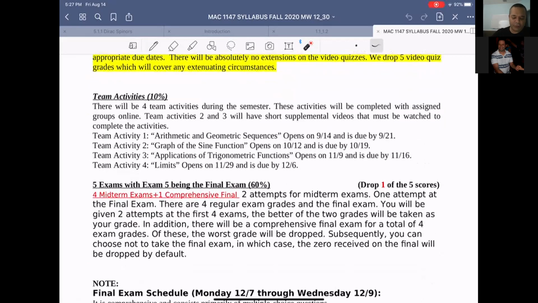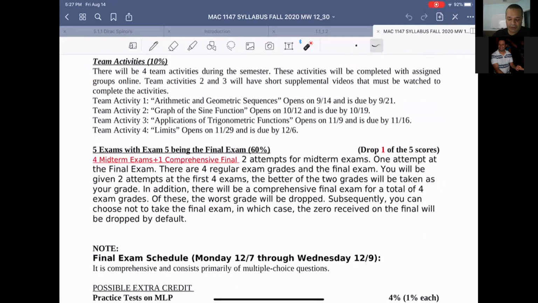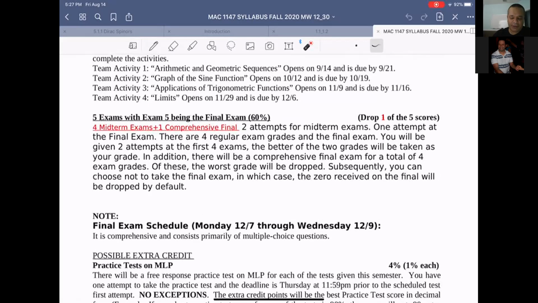Okay, there's going to be 4 team activities. These are 4 team activities that you'll get the hang of as we go along. Okay, 5 exams, with exam 5 being the final. So just like if you took college algebra, it's very similar. If you took college algebra here, if not, we give you 2 attempts for each midterm.